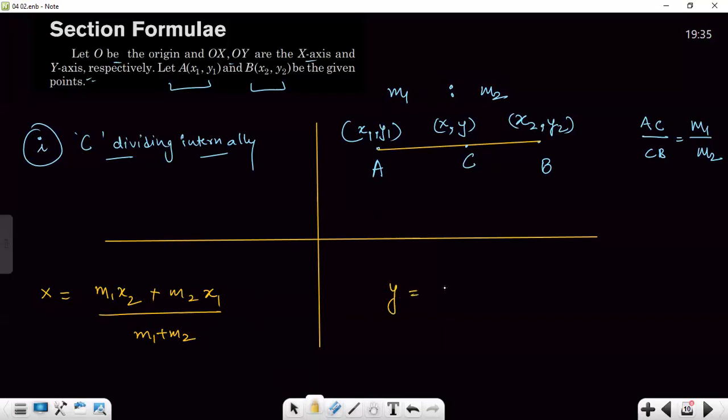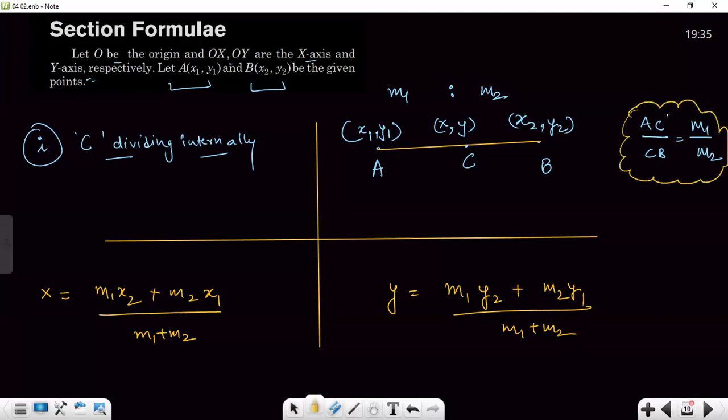For the y coordinate, same pattern: m1 y2 plus m2 y1 divided by m1 plus m2. This is the section formula for internal division of any point between two given points. Okay, this is important for you to take a note. Sometimes candidates do get confused here.